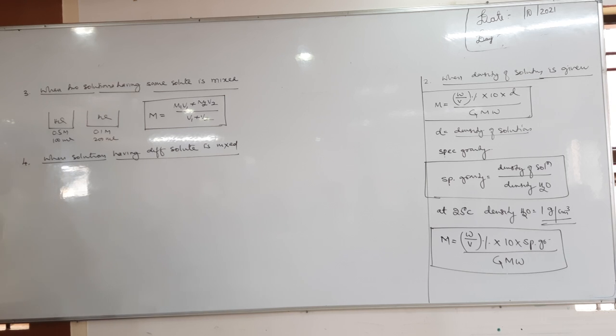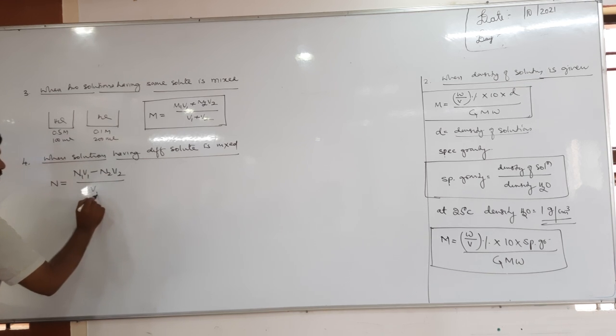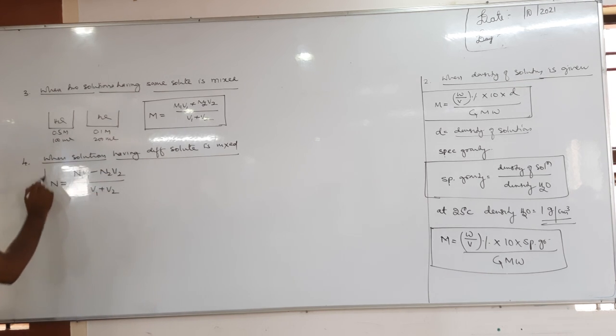There, molarity cannot be calculated directly, so you had better calculate normality. In such a case, normality can be calculated. Normality is equal to N1V1 plus N2V2 divided by V1 plus V2. Therefore, you calculate normality, and from the normality you can convert into molarity.